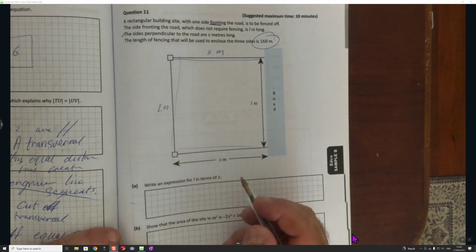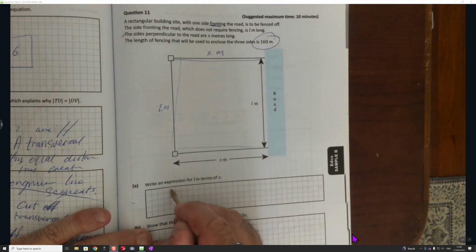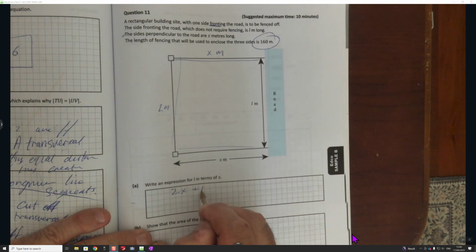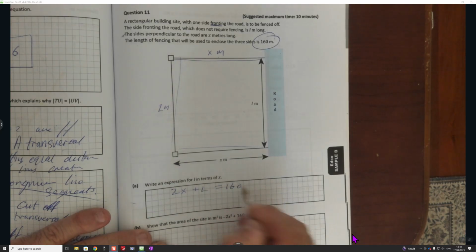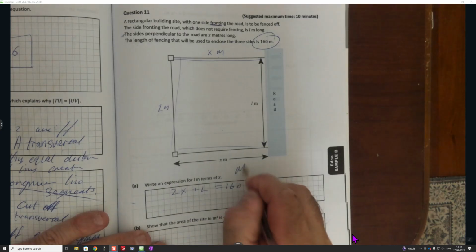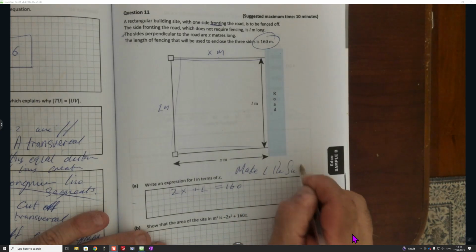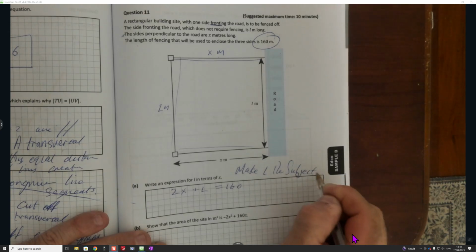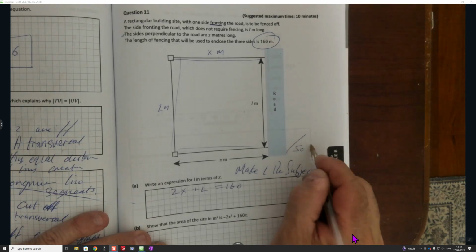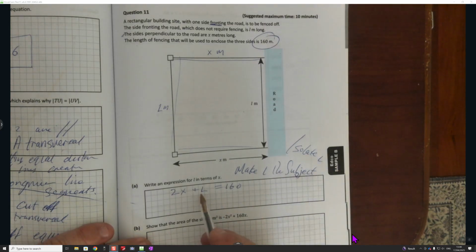Well, first let's write an equation that these 3 values, X and X, which we can write as 2X, plus L equals 160. Okay, and now what we're going to do is make L the subject. In other words, we're going to isolate L. Okay, so L is a term on the left hand side, but it's not the only term.